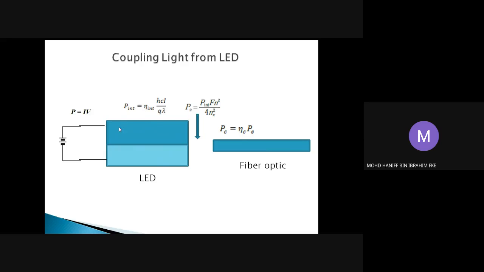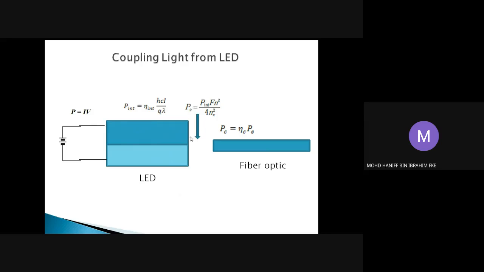The internal power is the internal quantum efficiency multiplied by the Planck constant, multiplied by the speed of light, multiplied by I, the forward current, divided by the charge q and lambda, the wavelength of the light produced.